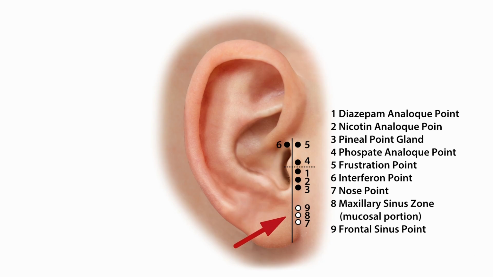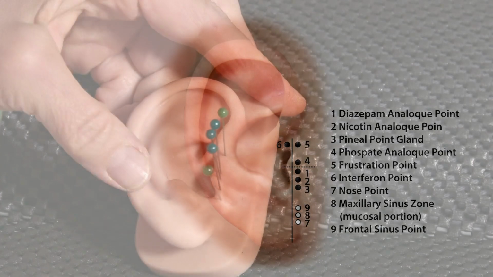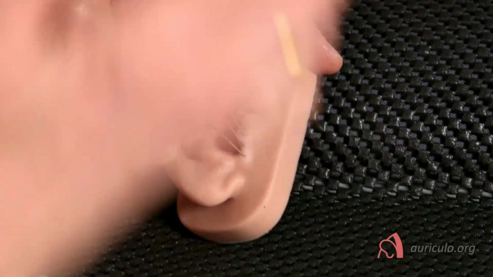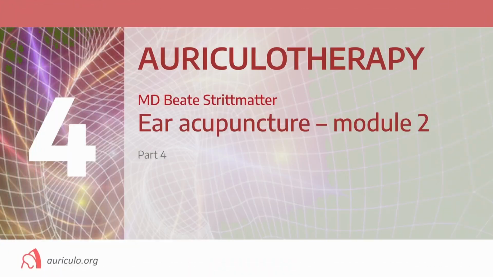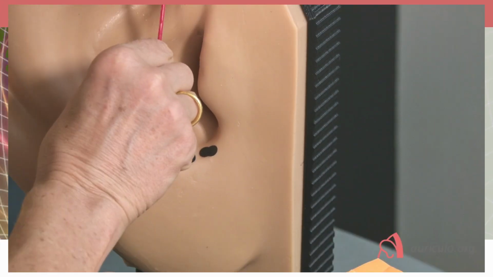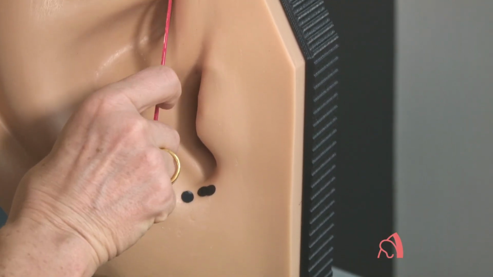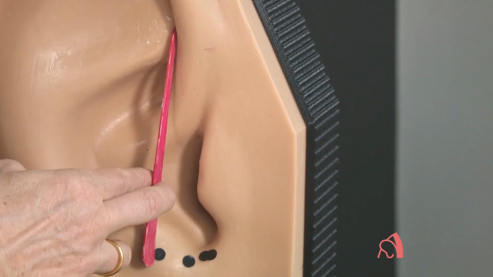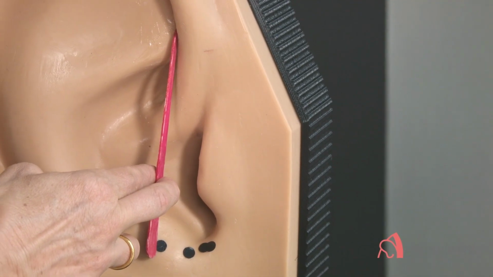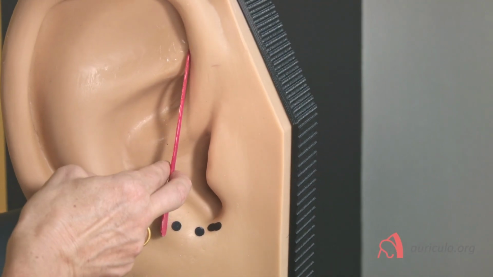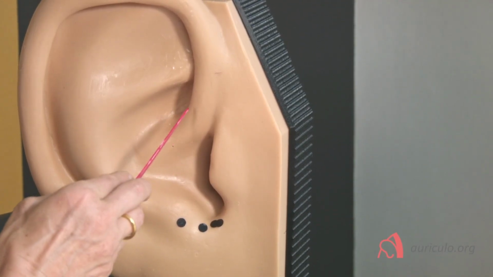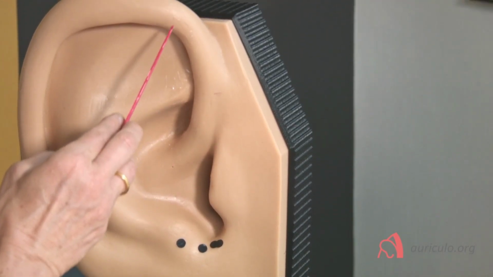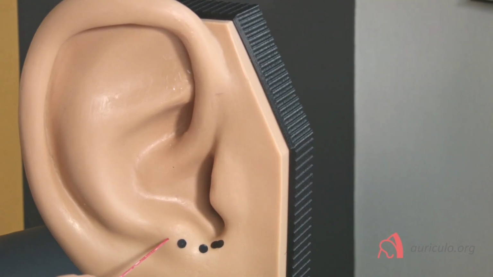So let us put the points for nose, maxillary sinus, and I can tell you already, we have an axis here, the whole ear. From here to there, through the 0 point, estrogen point and progesterone point. Very interesting. And the last point is the oxytocin point.